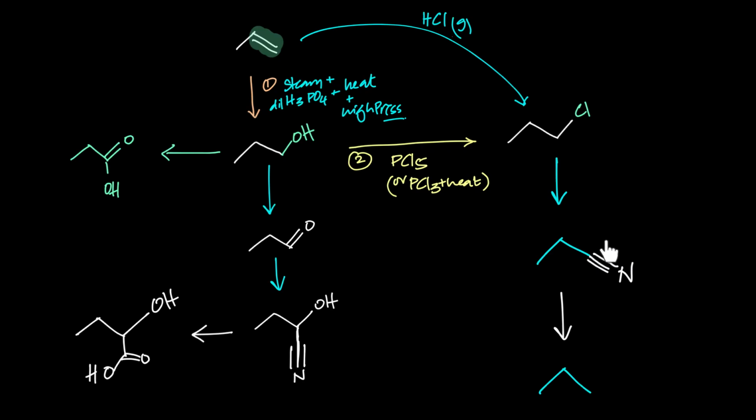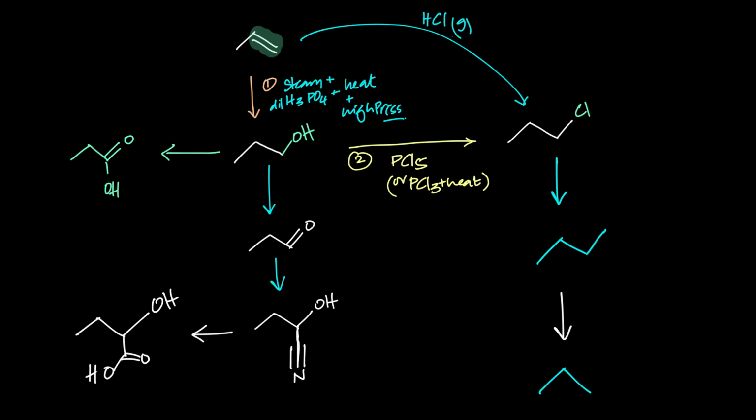Oh, I need to add another CN. My bad. CH3 CH2 CH2 Cl. So this side gets added. Oh, I drew this wrong. One second. So this is CH3 CH2 CH2 C triple bond N. Now this is a C and N, so that is shown by a triple bond.